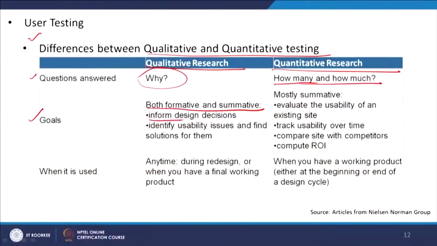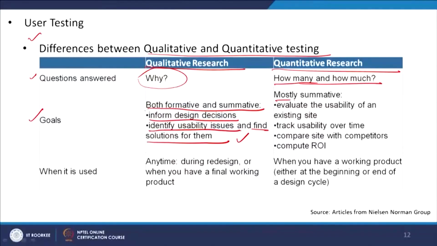So they inform design decisions, whether the decisions are good or bad, or whether there can be a new direction of design decisions, identify usability issues and find solutions for them. So they are better at finding the right solution, which might not even be there in the multivariate design options. Mostly it is summative, which is to evaluate the usability of an existing site, and track usability over time.